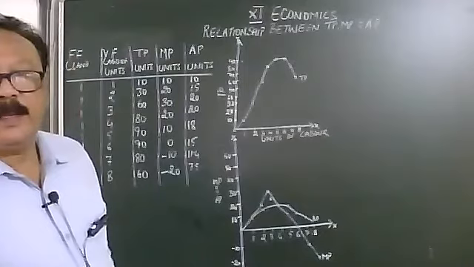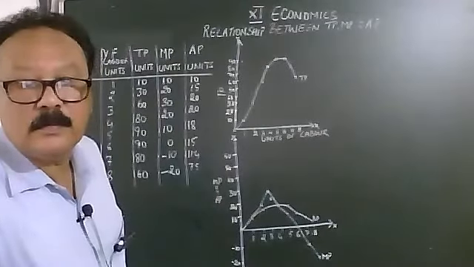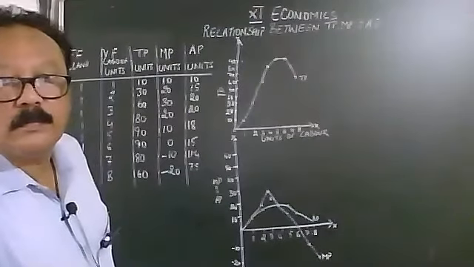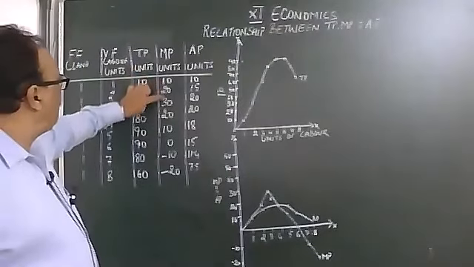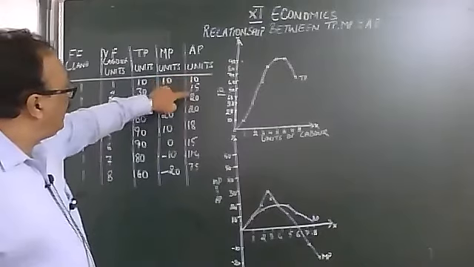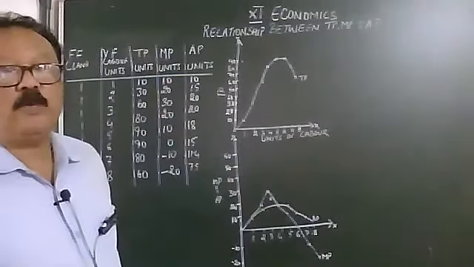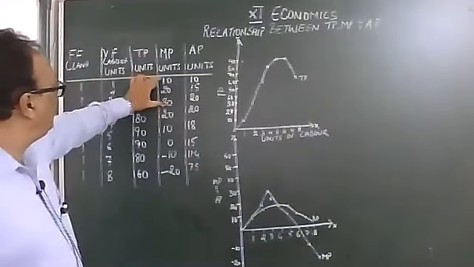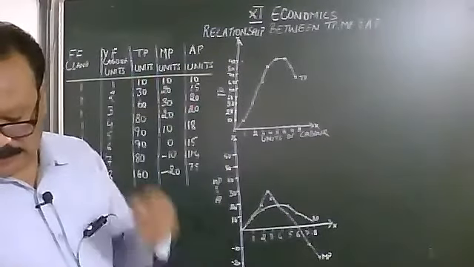MP is more than AP, so AP is increasing. That is up to the 3 units, first, second, and third. In brackets, you can write up to third unit.